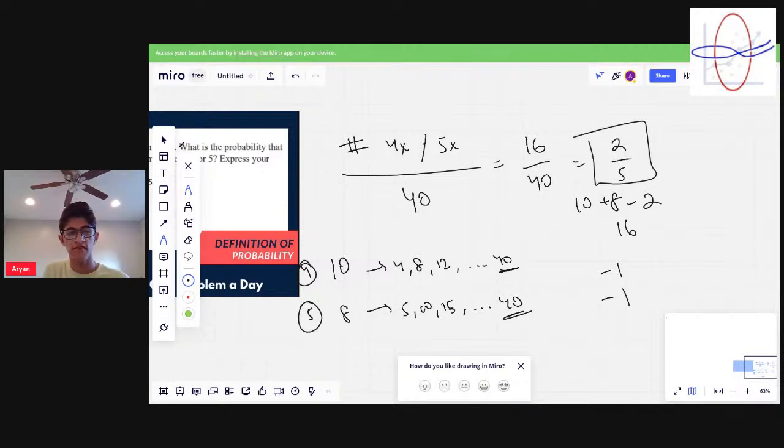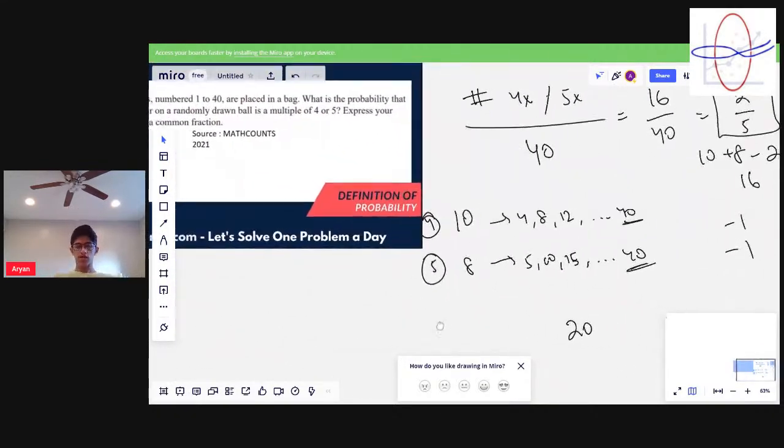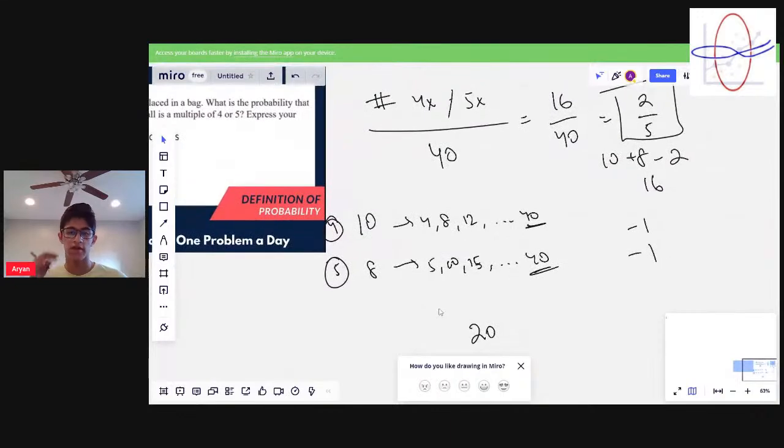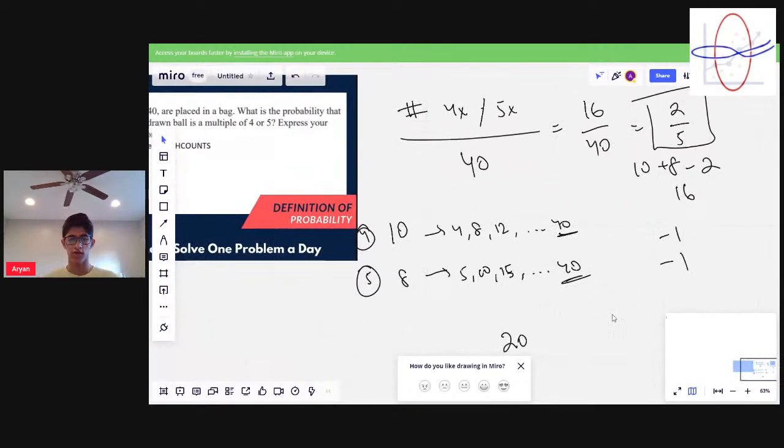So 2/5 would be our final answer. This way works, and we're pretty sure that this is right because we've gone through each of the multiples of 4 or 5, and we've eliminated any numbers that could be counted twice. So that's one way you could solve this.